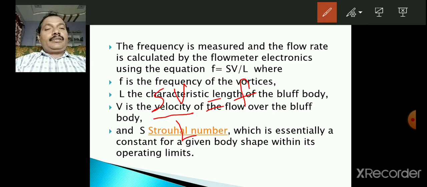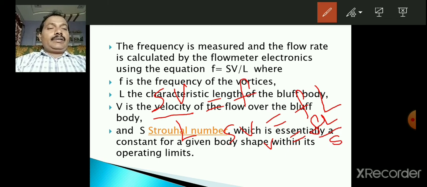Then SV equals F times L, and V equals FL by S. The Strouhal number is a fixed constant value determined by the bluff body, and the length of the bluff body is also known. So these two parameters are known, hence the velocity of the fluid can be calculated by this.